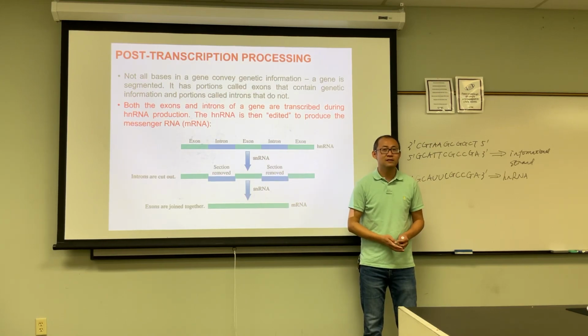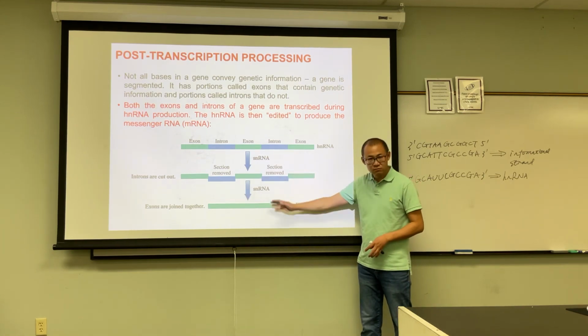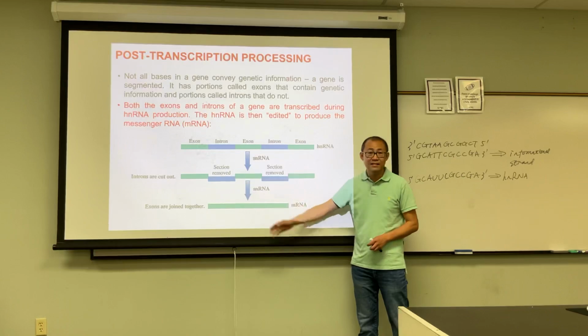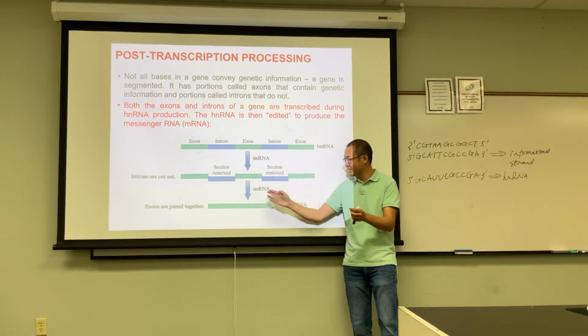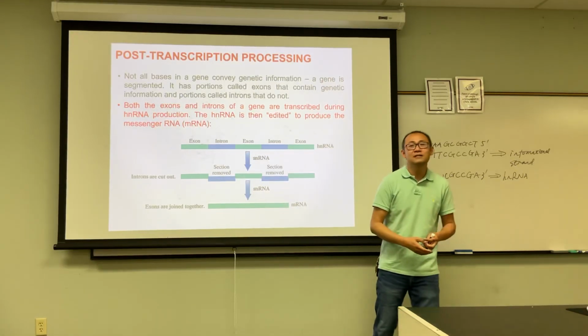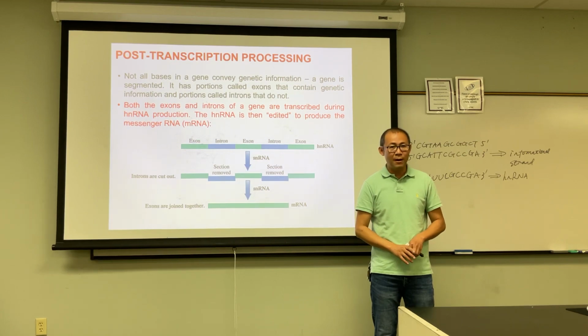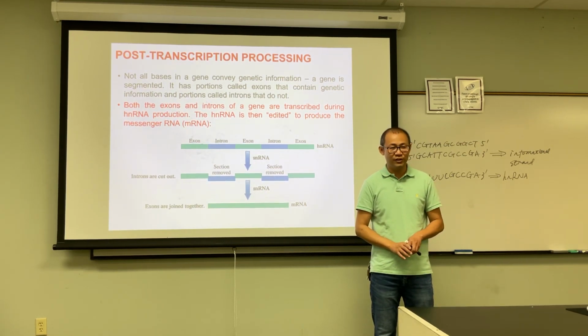We call that messenger RNA. The removing of introns and joining of exons is done like by little workers doing this job. It's done by snRNA, small nuclear RNA. They're basically RNA enzymes.